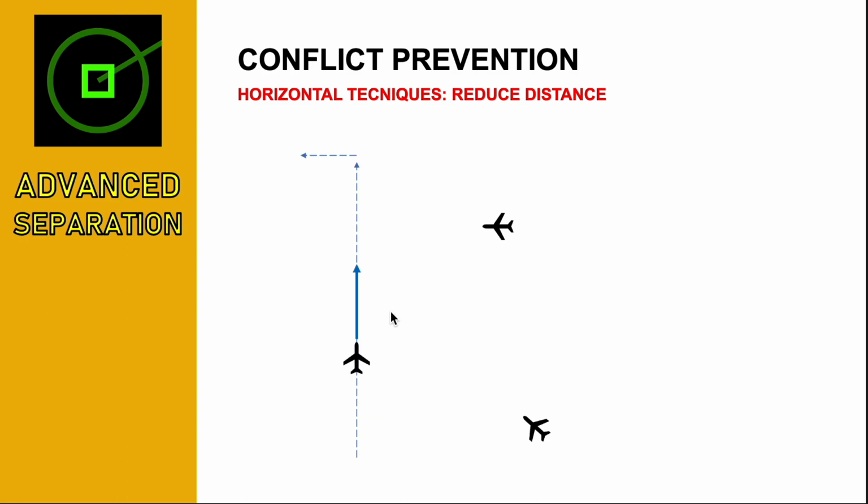Another situation here, for example, you have the final path or the final sequence. Okay, this is the downwind, this is the base leg, and then they're going to do the final vector. So you want to put these traffics behind this one. So don't approach them like this, because again, the distance is going to be reduced, but you need to rely on 2 planes.